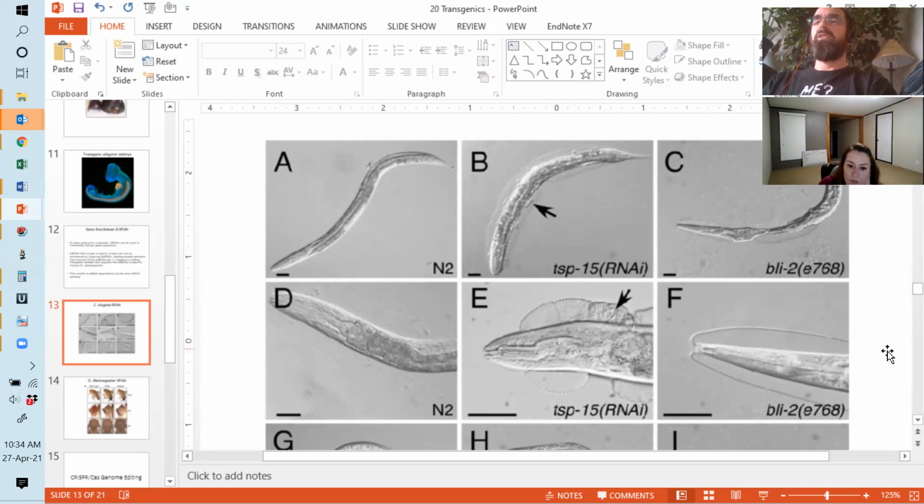So you can actually modify the phenotype of the worm without changing its DNA. Rather than going through the labor and the randomness of mutagenesis, you can say, I want to knock down that particular gene, feed it to them, and you get a very similar kind of phenotype.